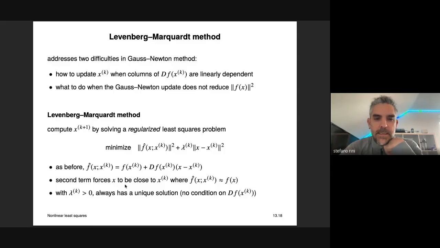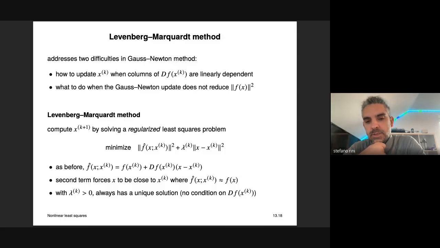The idea of this term is that we want to penalize the evaluation from being too far away from the true value of the function. If we see that the function changes a lot between its value at x of k plus 1 and its linearized version at x of k evaluated at x of k plus 1, we want to penalize this. This x is going to become our x of k plus 1. So if there is a big difference there, then we don't want this.